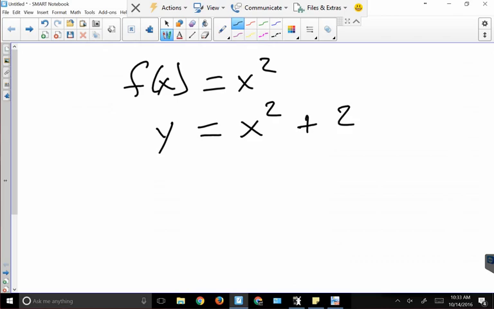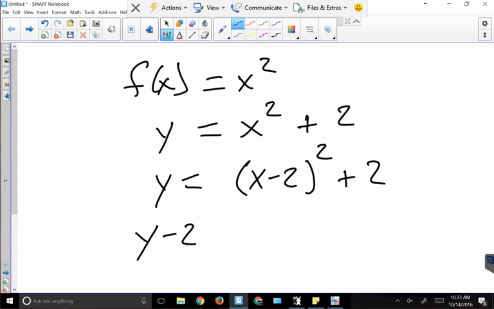According to this, if I wanted to move what we had, I'd have to go y is equal to x minus 2 squared. Now, I'm going to do something here so that you can see how things really are applied. I'm going to rewrite this as y minus 2 is equal to x minus 2 squared.